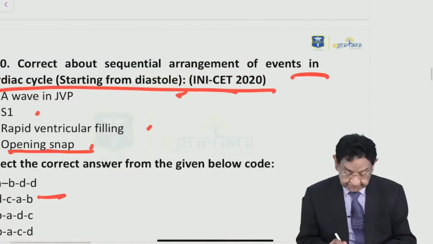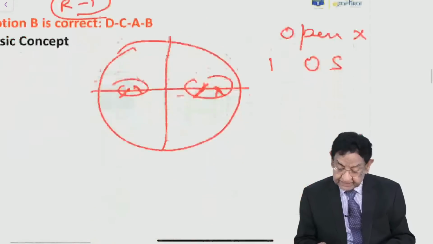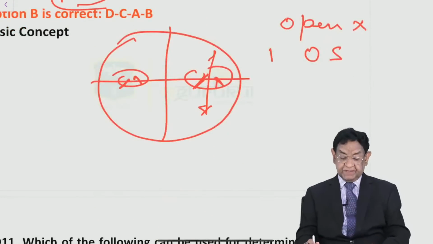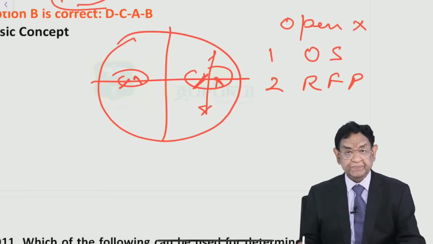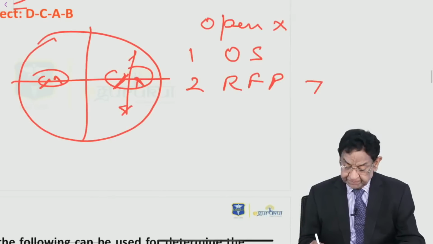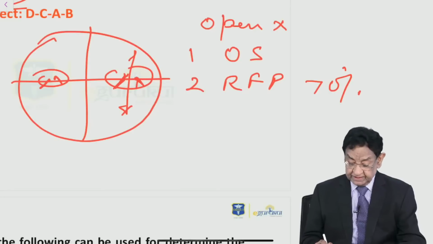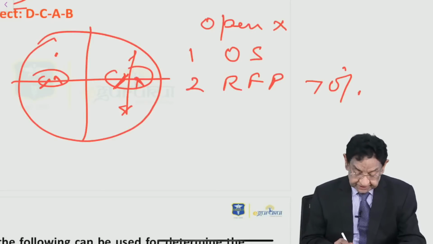This is the first thing to happen. Then rapidly blood enters the ventricle. This is the rapid filling phase of myocardium. 70% of blood comes into the ventricle from the atria. Rapid filling phase of both the ventricles.